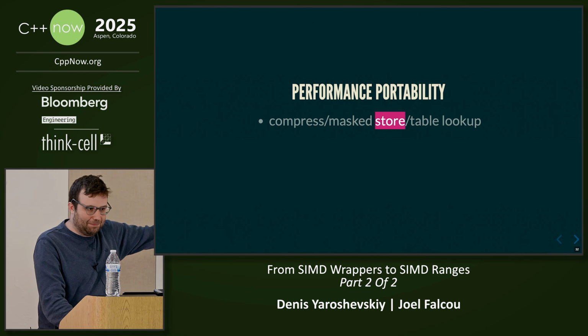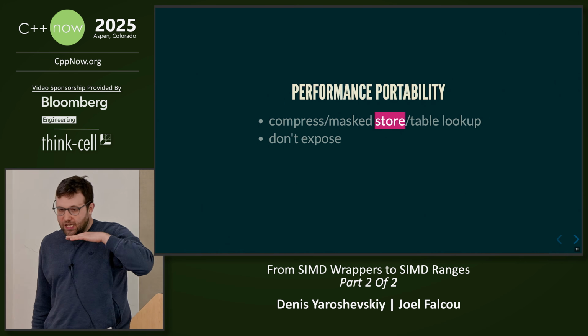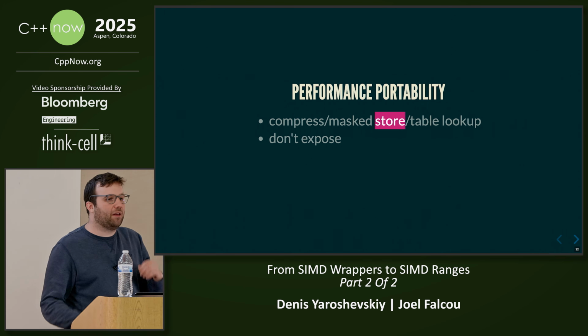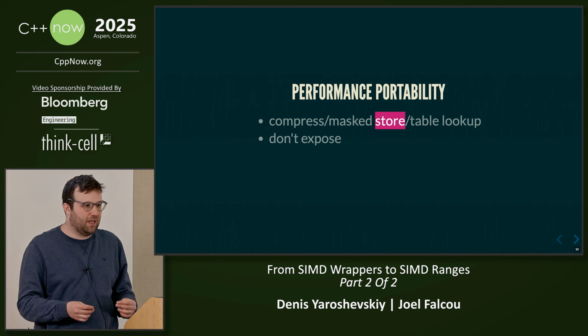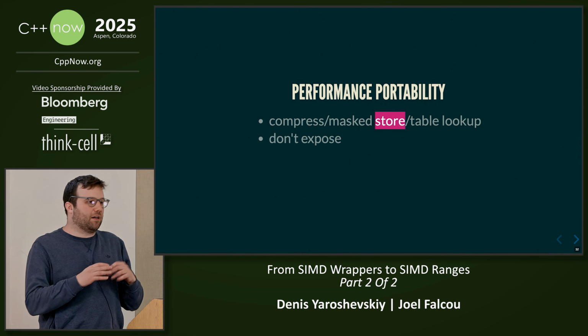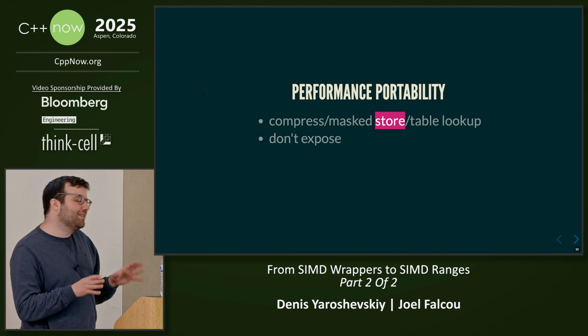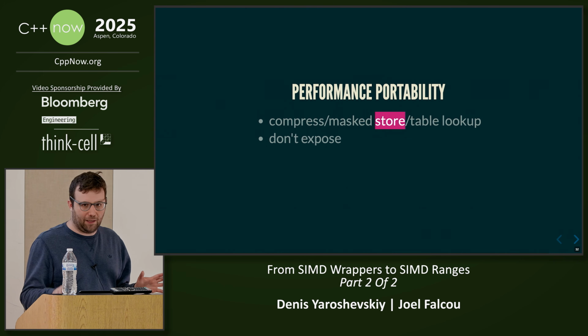So what do we do about them? In EVE, we said we're not going to expose any of it. If you write EVE code and run it on any platform that we support, you will get a reasonable result, even on the oldest thing we have. You will not get a 30 times slowdown compared to the scalar code.